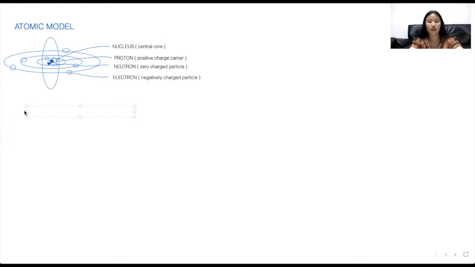So let's now see orbits. Orbits represent an energy level which acts as a pathway for electrons to spin around the nucleus.